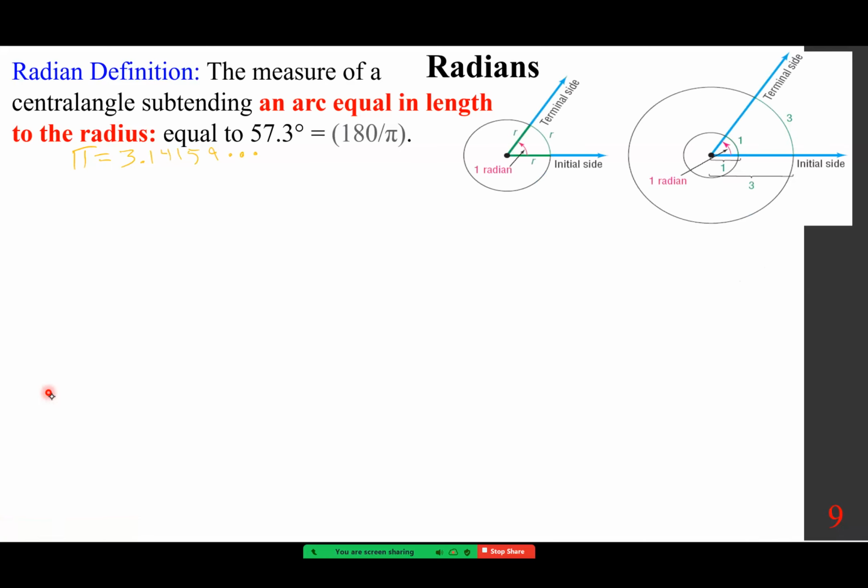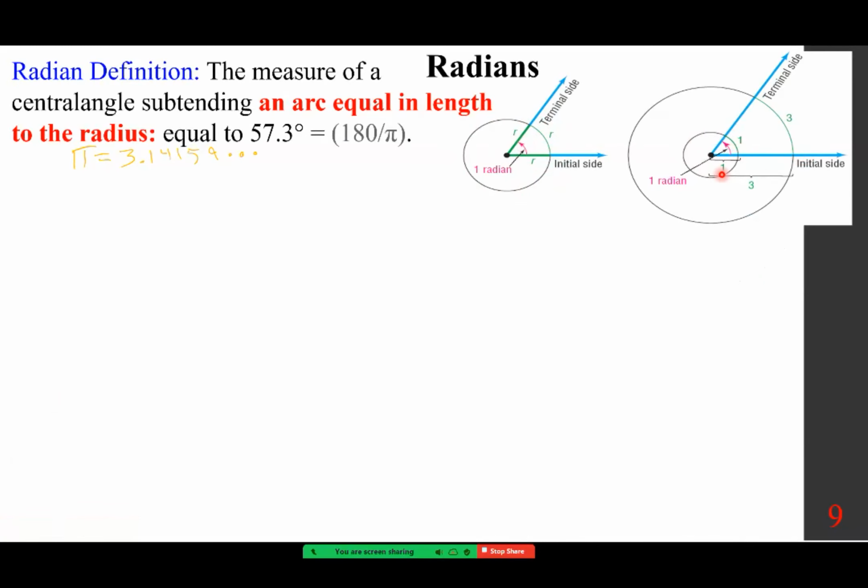Now, when we look at this, the idea is that if you have a circle such as this one, and this arc has a length equal to its radius, then the measurement for this angle is 1 radian. Same thing works out here.